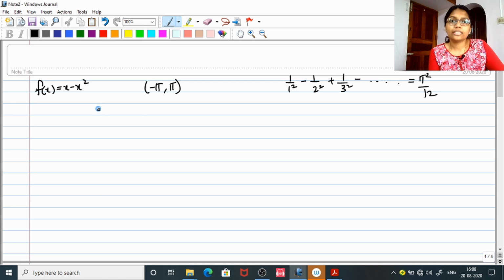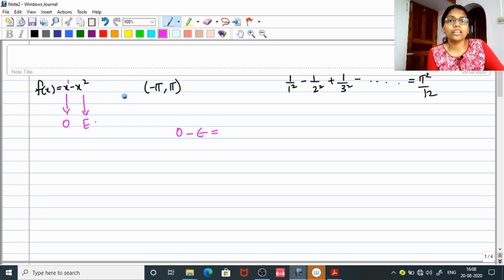As I have said, you have to check which type of function this is, even or odd. Since x has an odd power, this is an odd function, and x square is an even function because x has an even power. There is no rule like odd minus even is odd or anything. It is just a combination of odd and even.